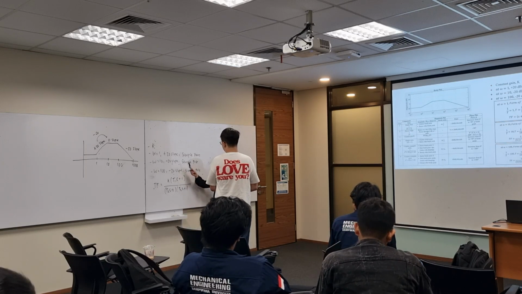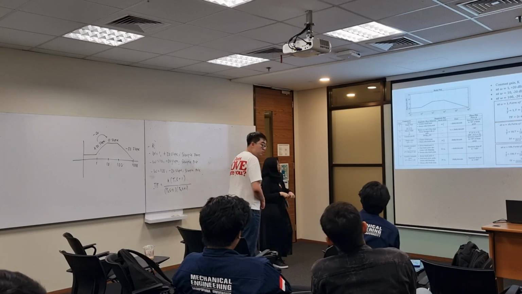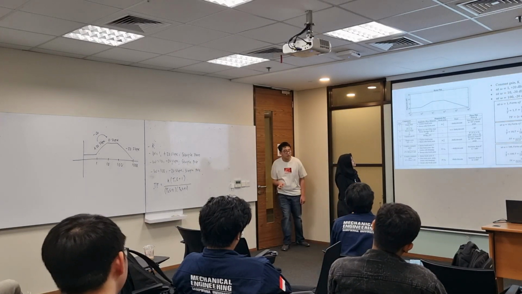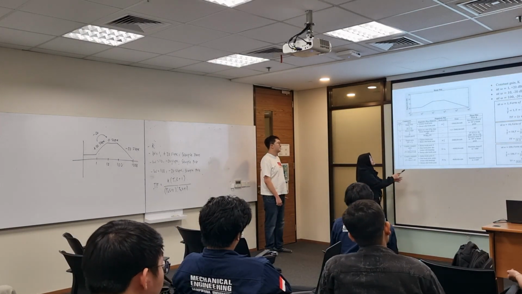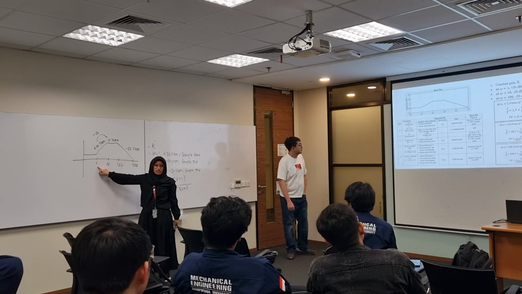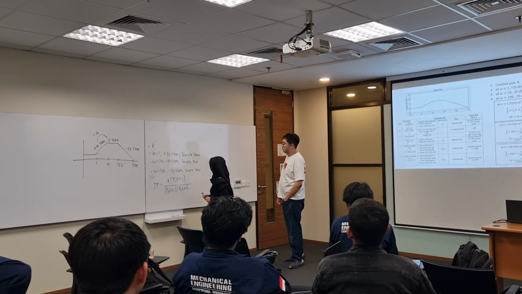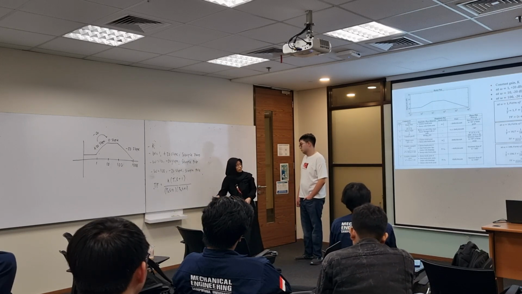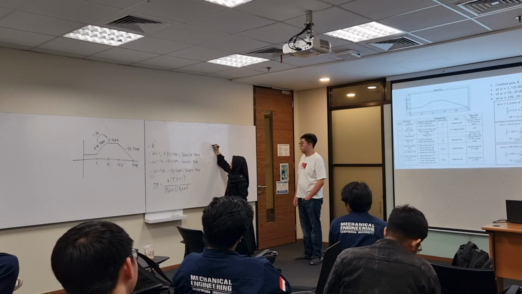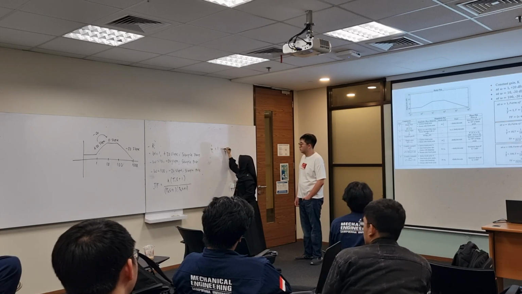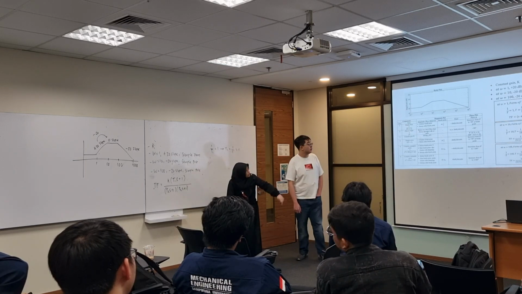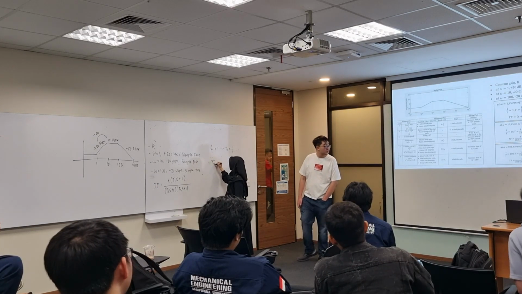We know that T1 is a simple zero. If you use this kind of shape, you know that the breakpoint is over here, right? So 1 over T1 equals 1, so T1 is 1.